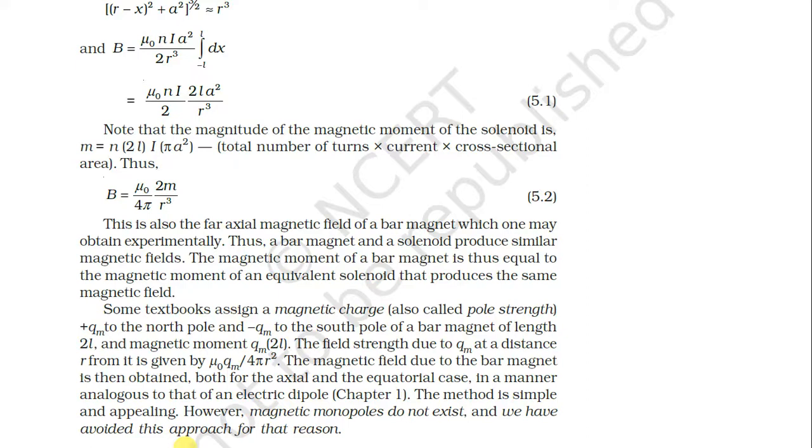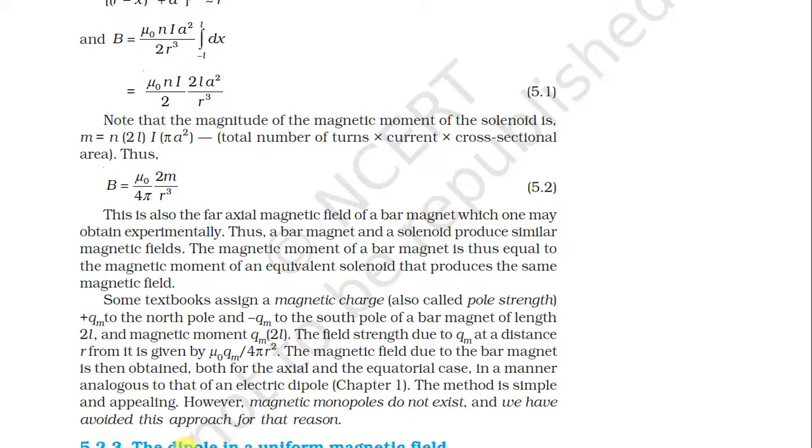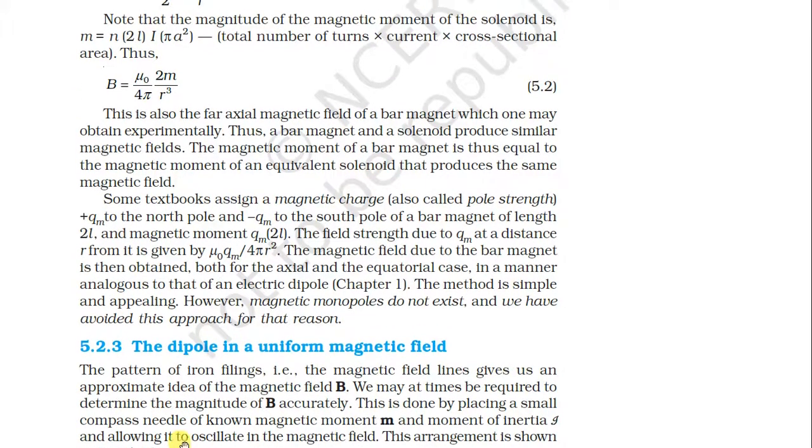The magnetic field due to the bar magnet is then obtained, both axial and equatorial, in a manner analogous to that of an electric dipole. So the method is simple and appealing. However, magnetic monopoles do not exist, and we have avoided this approach for that reason. So this is our today's topic.